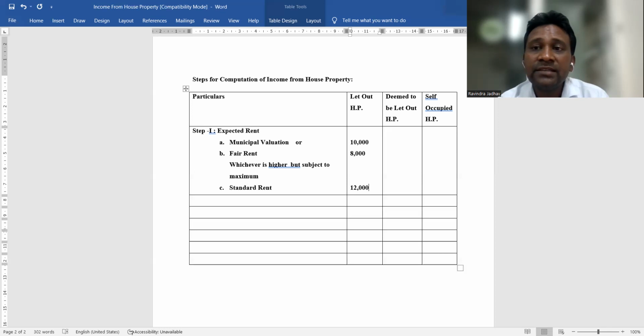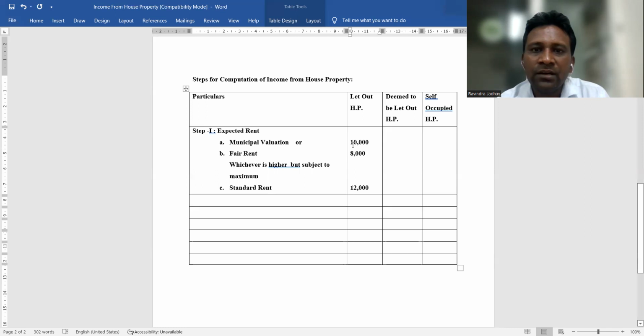Then this 10,000 we need to compare with the standard rent.